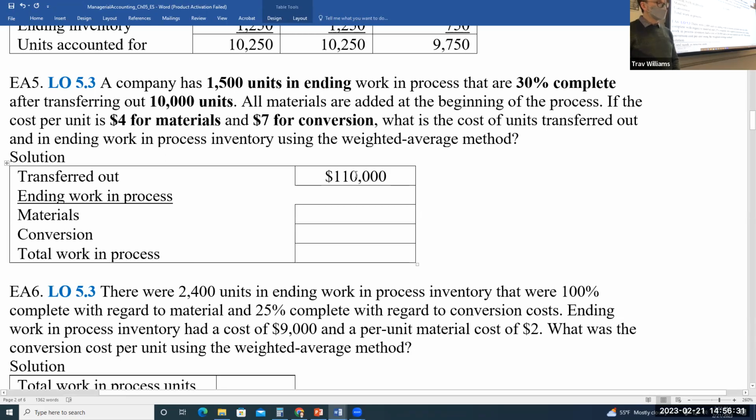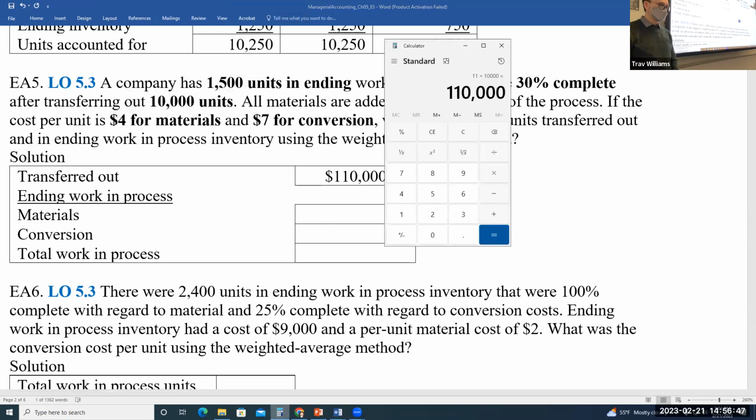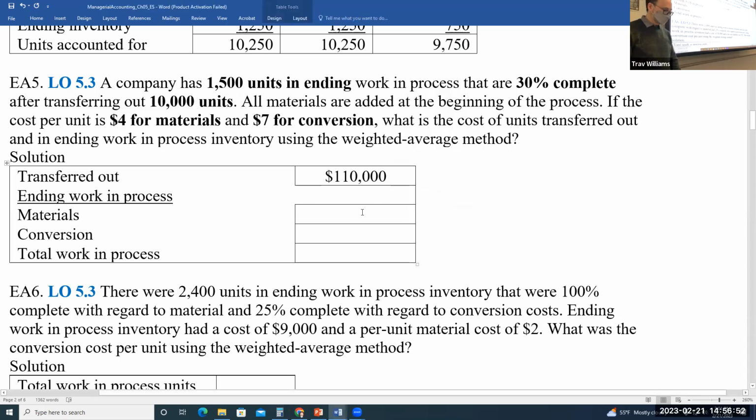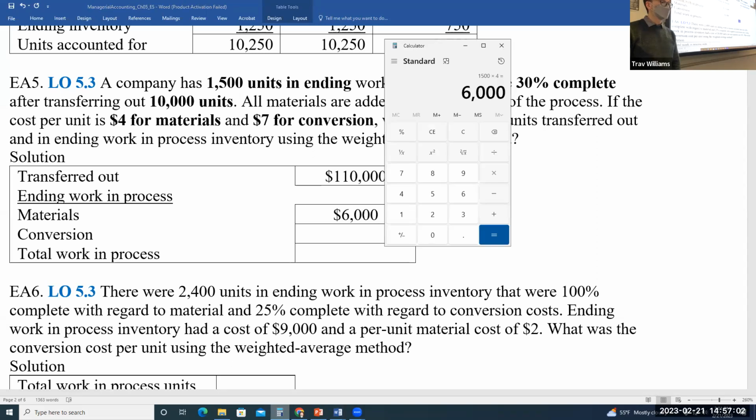For ending work in process, how do we get our materials cost? Exactly. So Alex said 1,500 units times $4 for materials per unit. $6,000 of material costs in ending work in process inventory. How about the conversion costs? 1,500 times 7. And then one more step in there. Oh, the 30%. Yes, the 30%. So 1,500 units in process, they're 30% complete.